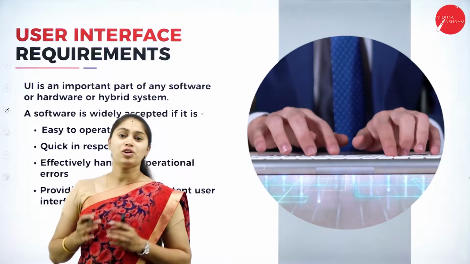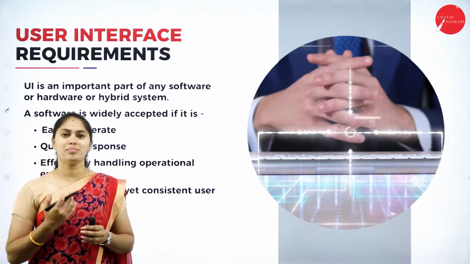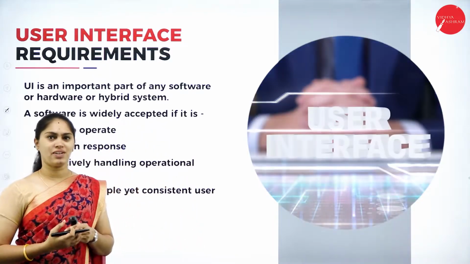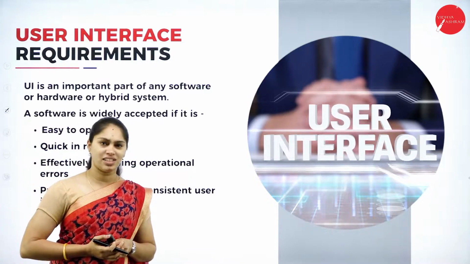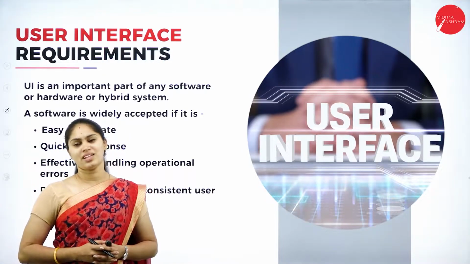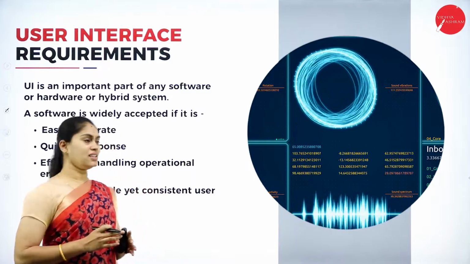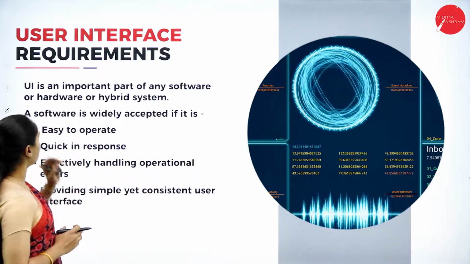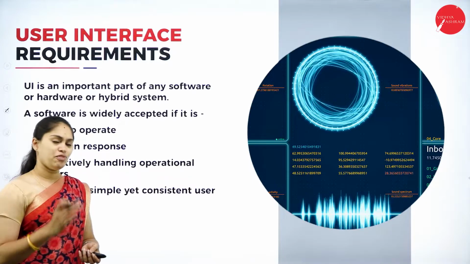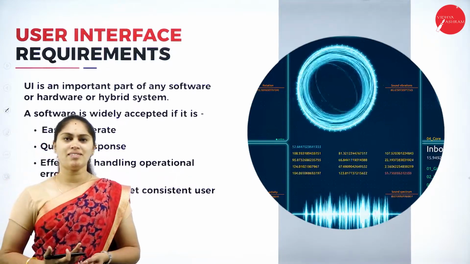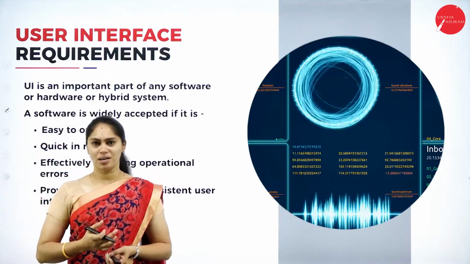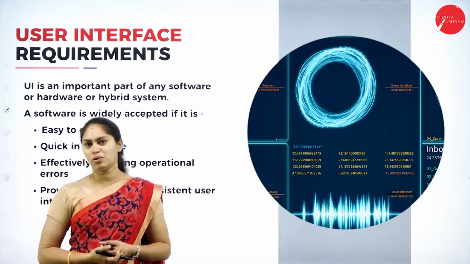Already you know what we mean by requirement, right? Requirements are the activities which need to take place in order to satisfy the requirement of a customer. In user interface requirements, if you consider any software system development, this is going to play a very important role.